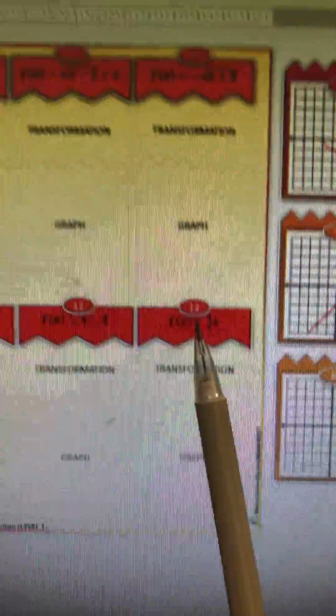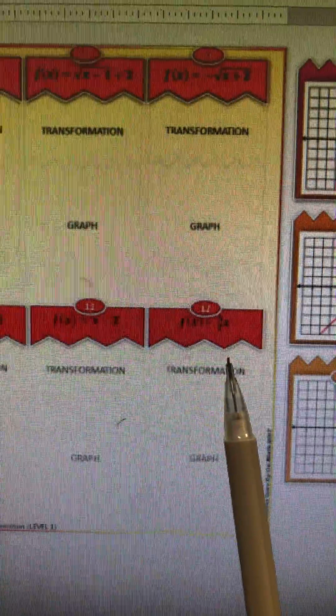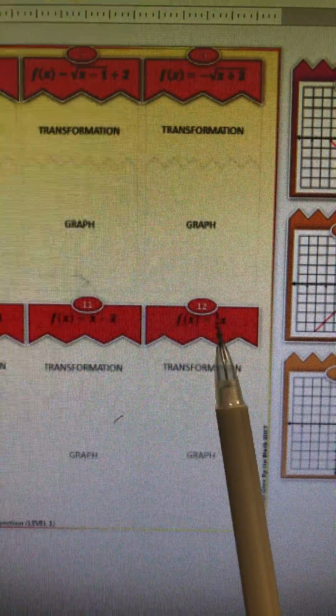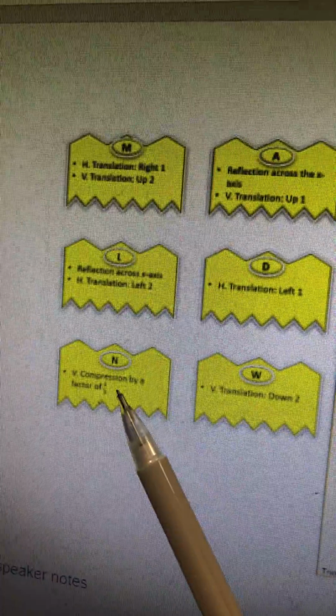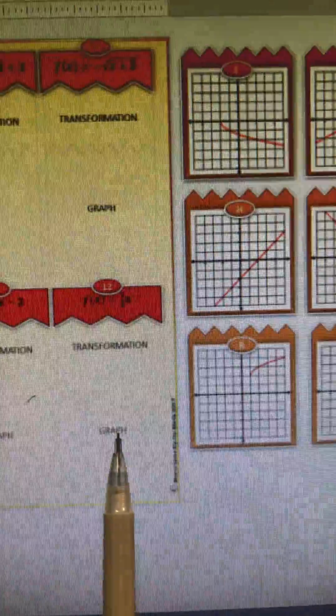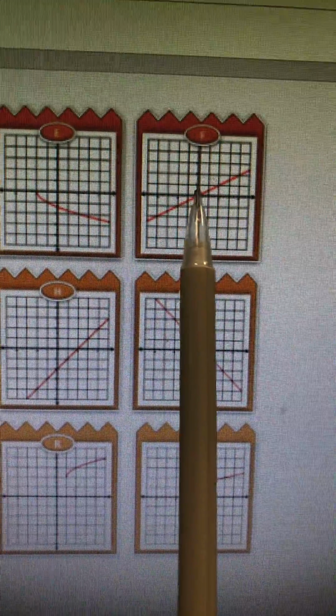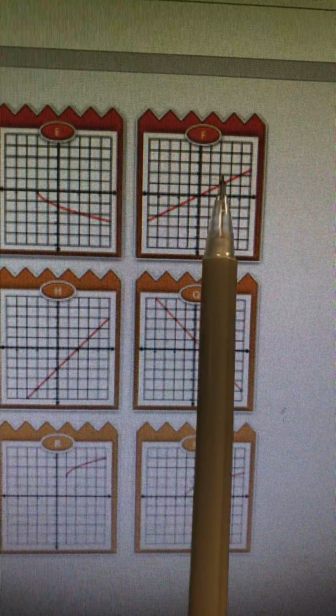And then number 12, the transformation is going to be vertical compression by a factor of 1/2. So that is N. Okay, and then the graph of number 12 is going to be F. Notice that it's going up 1/2, up 1/2.